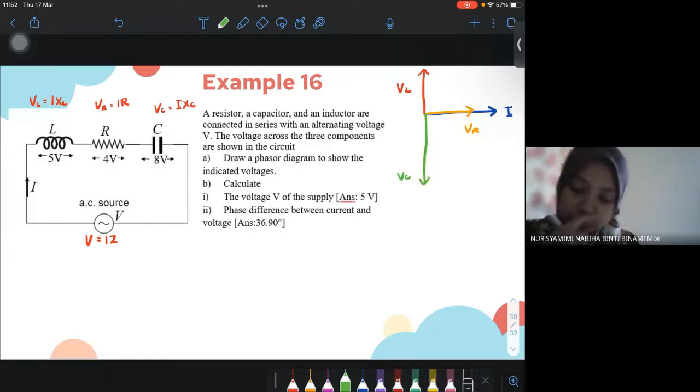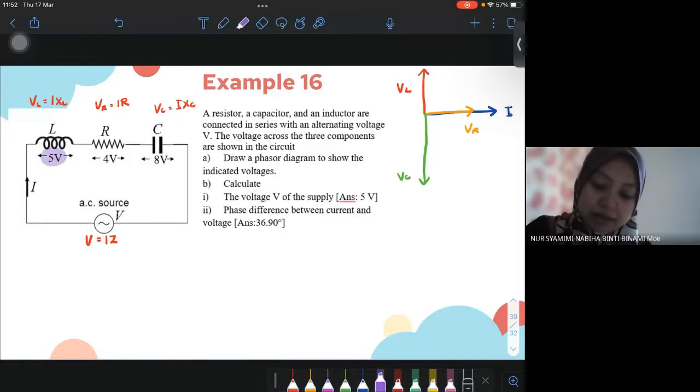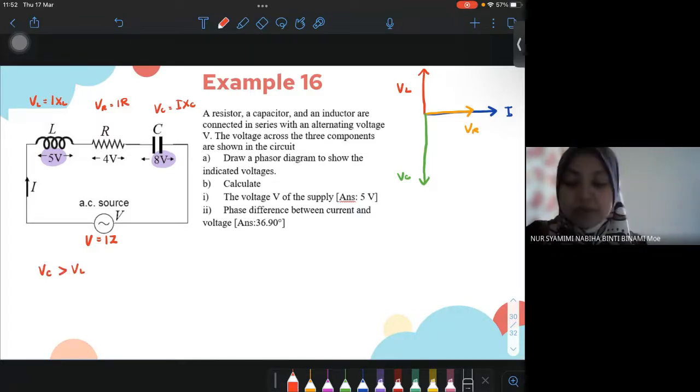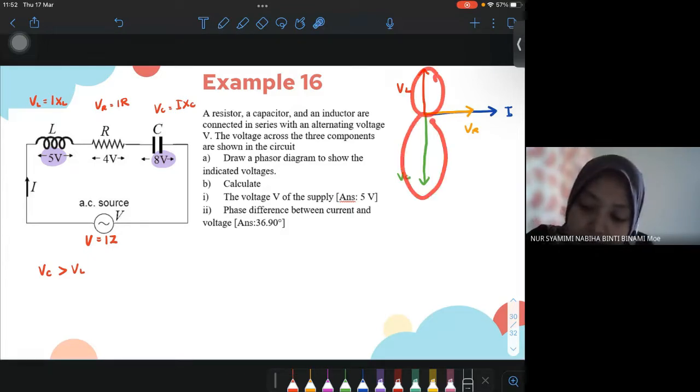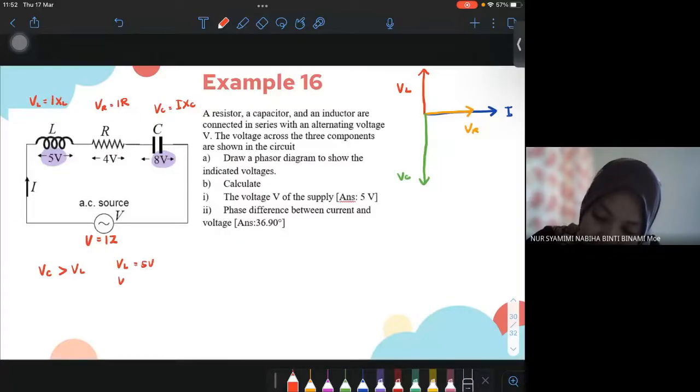Okay. So kalau kamu dah dekat sini, nilai VL ialah 5, nilai VC ialah 8. So dekat kes kita sekarang ialah VC lagi besar daripada VL. So that's why kita lukis phasor diagram yang VC lagi panjang daripada VL. Sebab VC kita 8, VL kita 5. VL sama dengan 5 volt, VR sama dengan 4 volt dan VC sama dengan 8 volt.